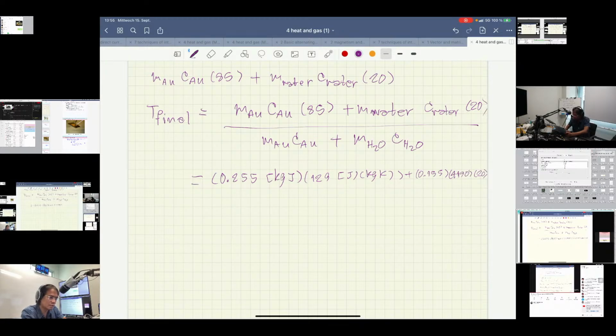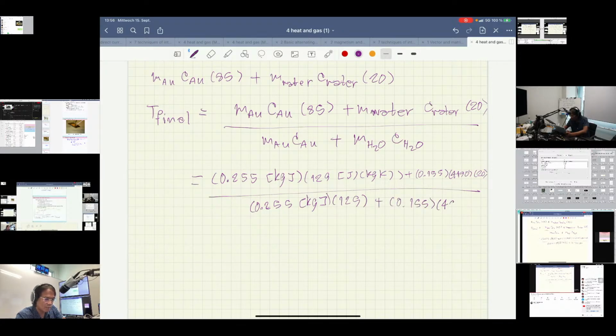All right, and it's the division. Mass of this one 0.255 kilogram, and yeah, 129, okay, without the unit. Plus 0.155 and 4190.